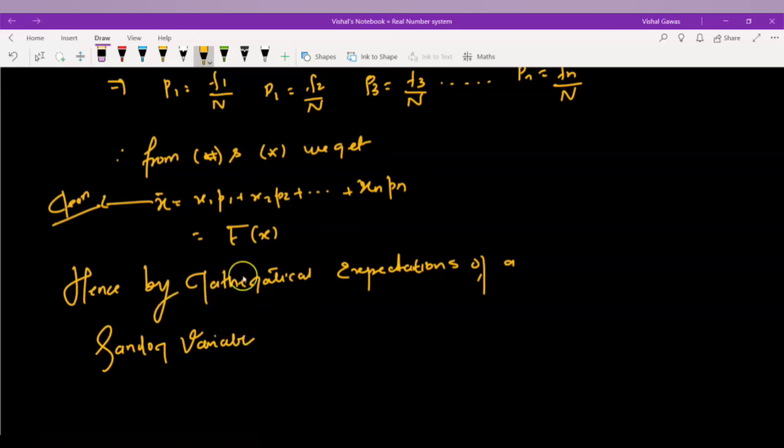Or we can say, hence the mathematical expectation of a random variable is its mean.